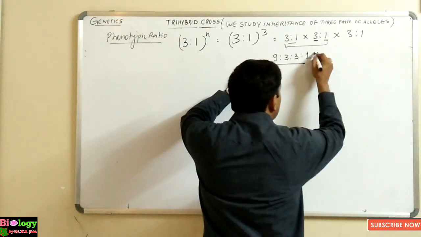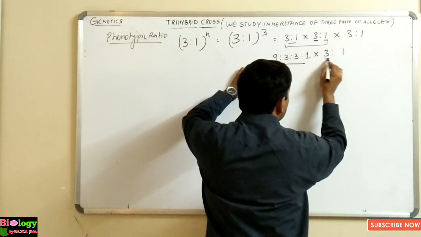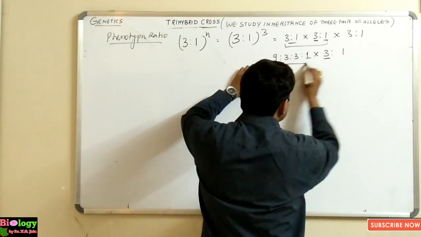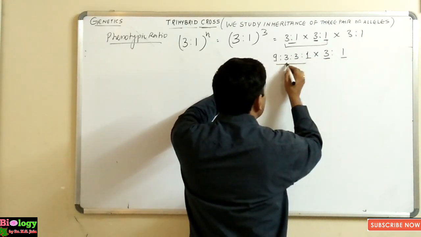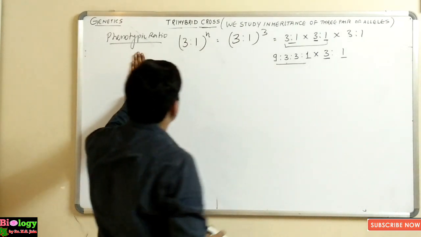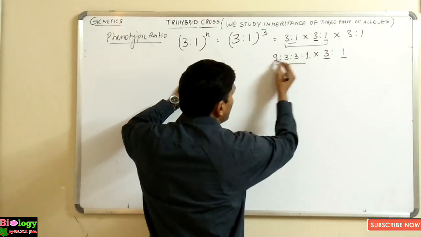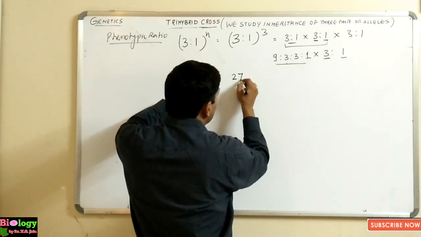Now we have to multiply with this, that is 3:1. That is, we have to multiply 3 with all these 4 digits and 1 with all these 4 digits. The ratio we get will be the phenotypic ratio of a trihybrid cross. Look here, 9 3s are 27.